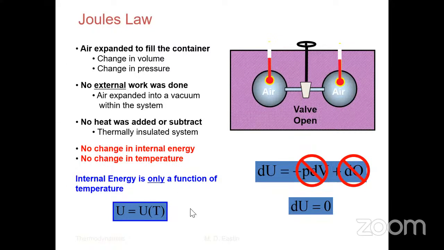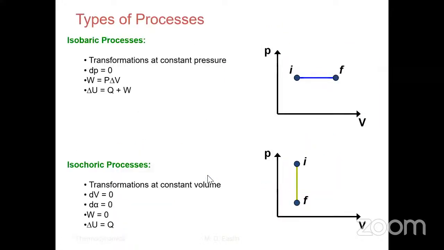Okay, so internal energy is only a function of temperature. So that's why we have this relationship that U is U(T). Let's look at these types of processes.